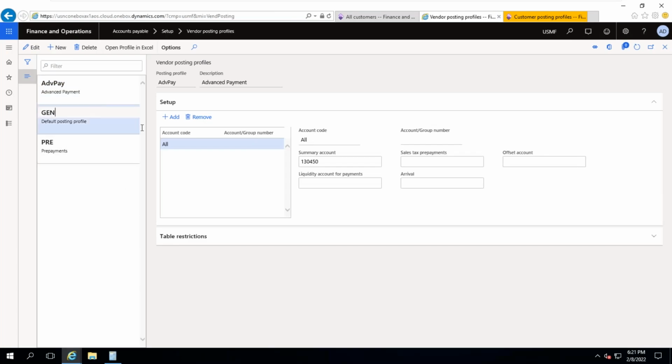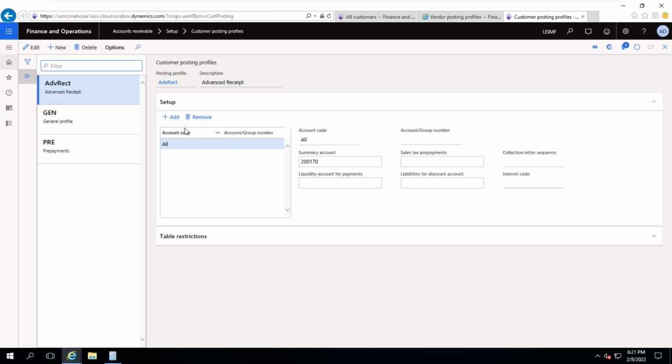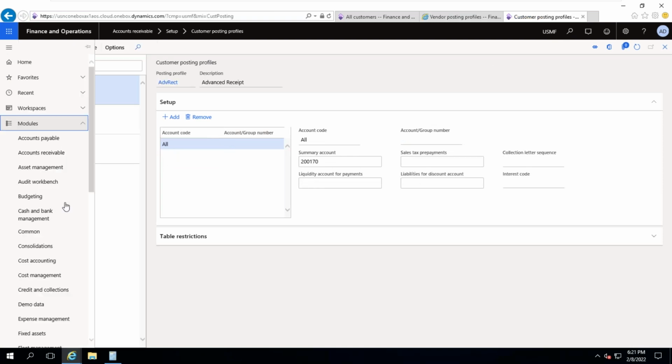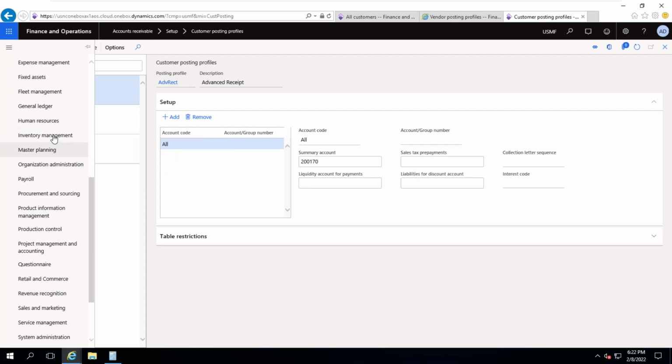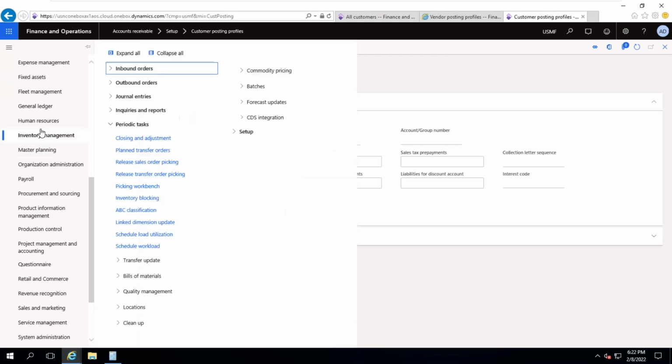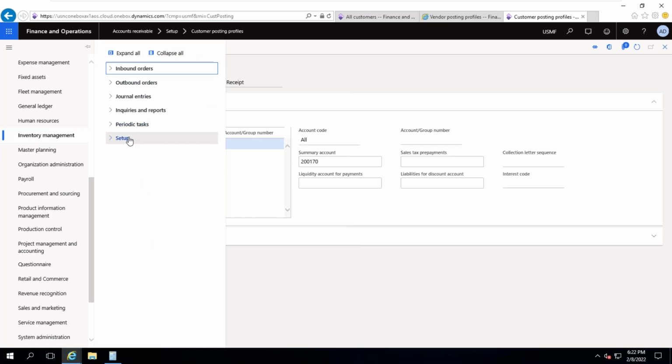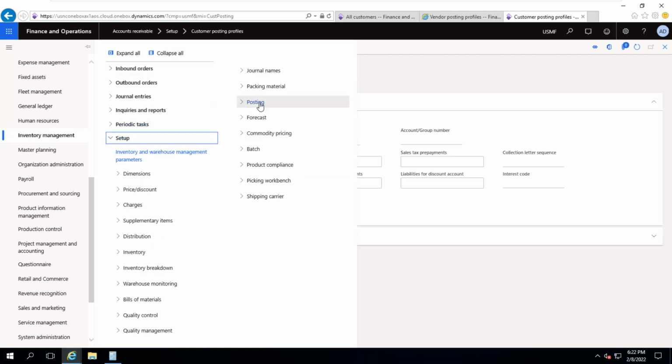The same logic. For item master, it is available in the inventory management. This is also finance consultant responsibility, even that is available in inventory management. Setup, posting.